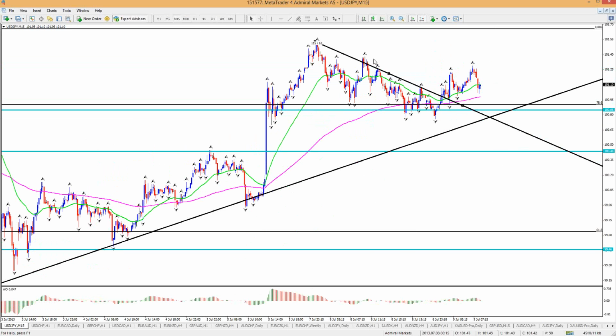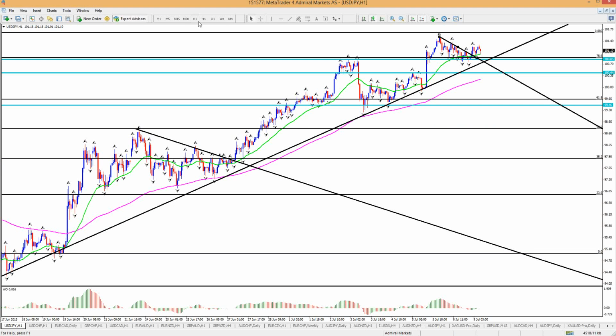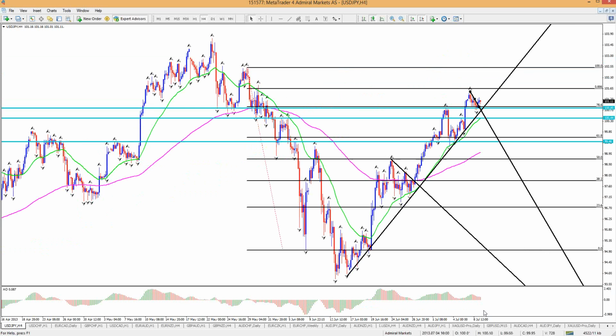Here we had a breakout though of this kind of correction, as you can see. Look at that, correction to the downside. Here we had a break already. So not going all too far though yet. Let me take a look.